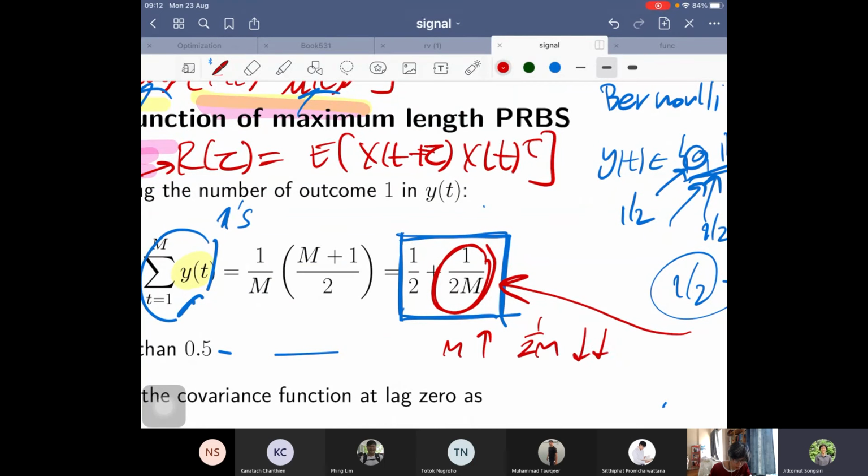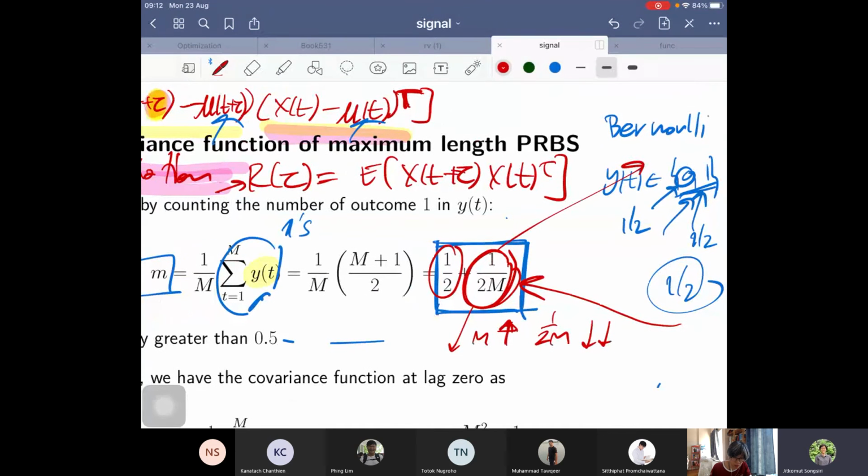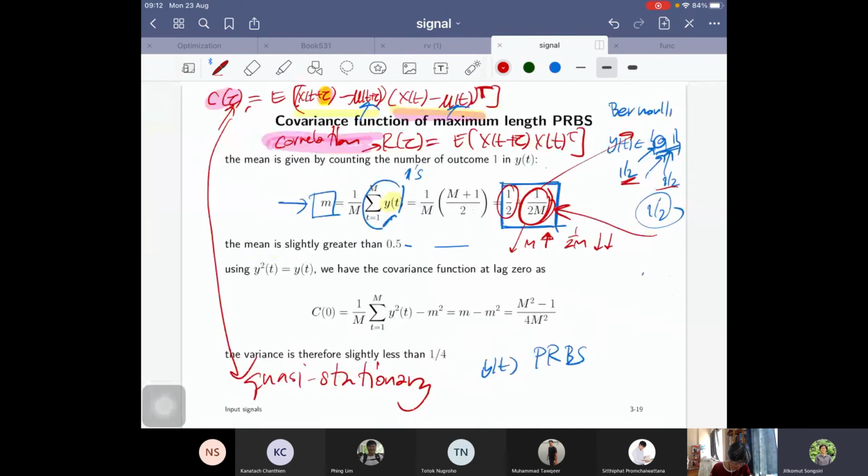As you increase the number of states, the maximum period will increase and this term will go down. So the mean of the PRBS will be close to 1/2, just like a pure binary random variable with equal chance. Okay, that's the first one.